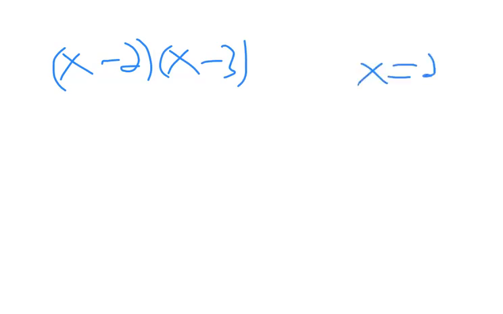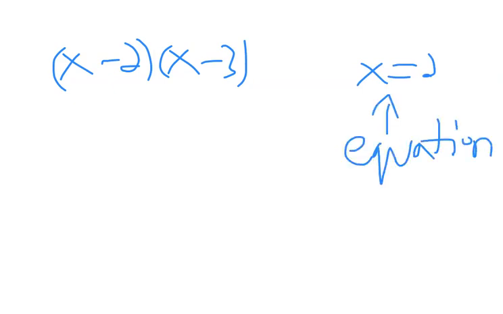So if we have x minus 2 times x minus 3, we want to find out what the value of this expression is. Remember, this is an expression, and this other one is an equation with an equal sign. This is an expression because there's no equal sign anywhere.